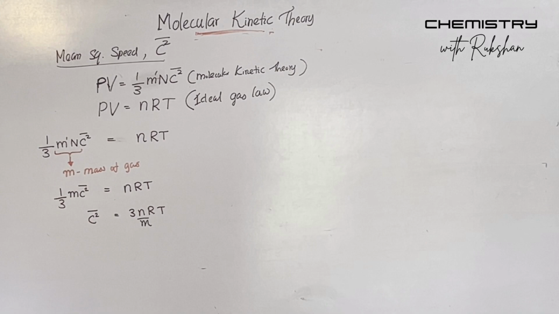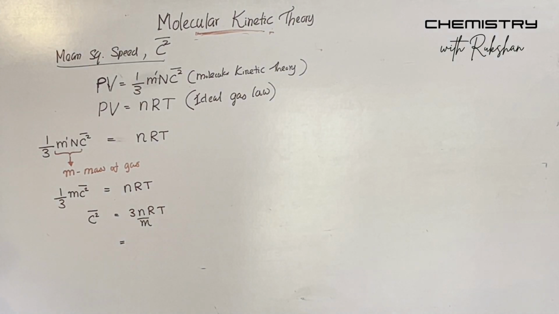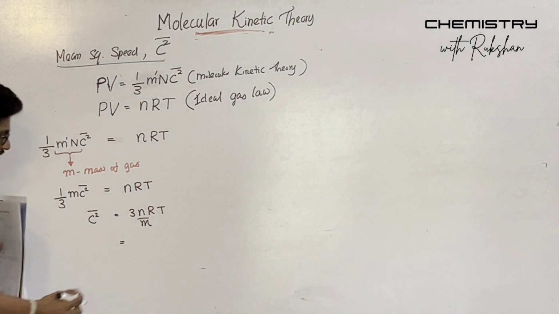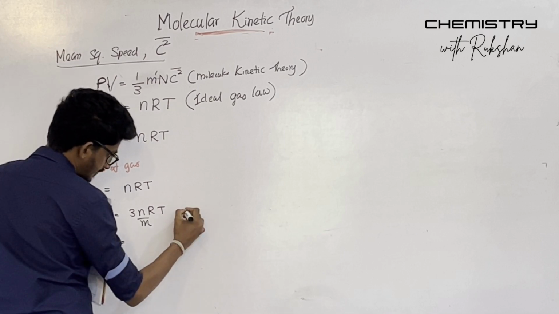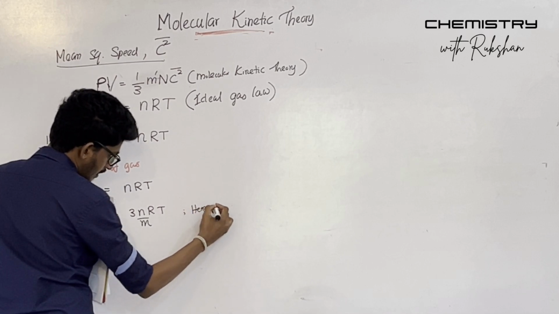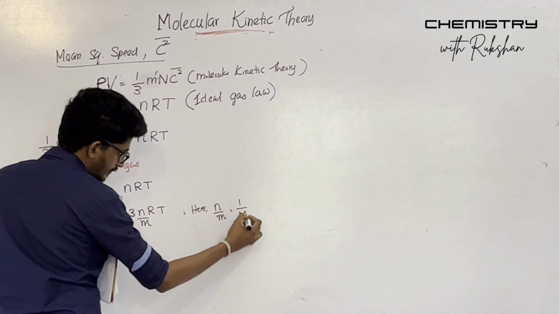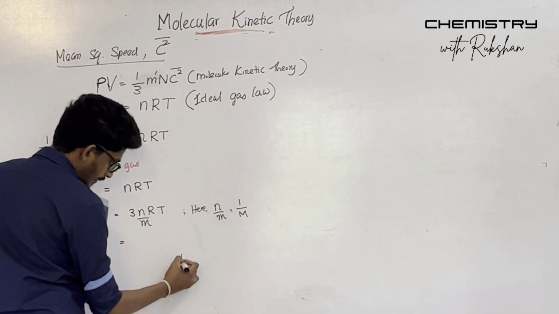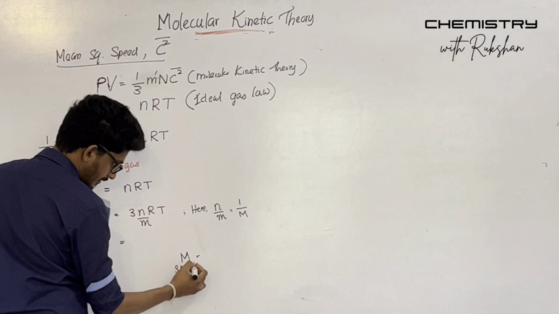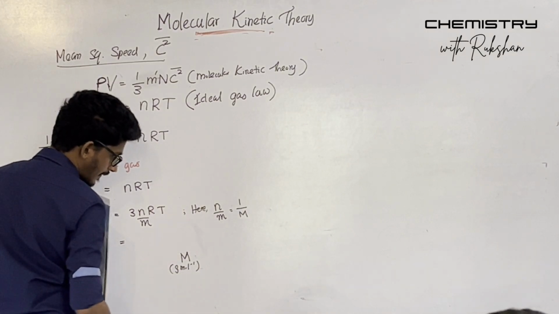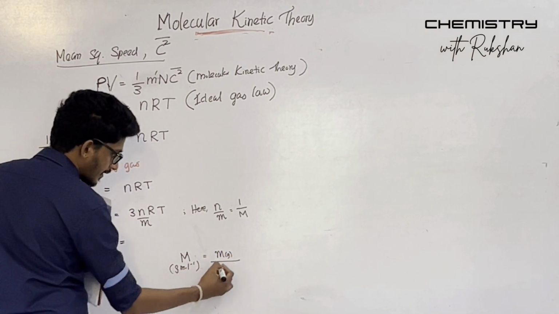But we know that n over m is what? Here n over m is actually 1 over M. The molecular weight M, given in g mol^-1, is the gram value divided by the number of moles.